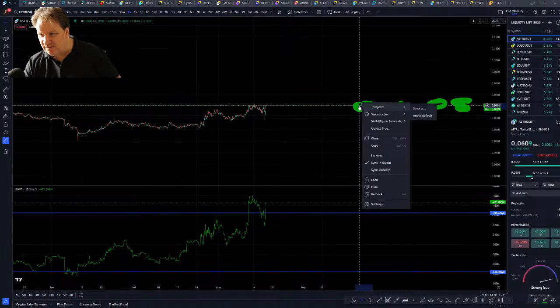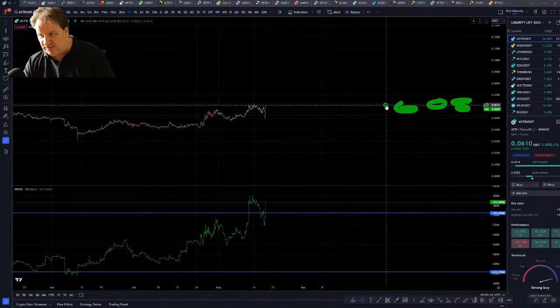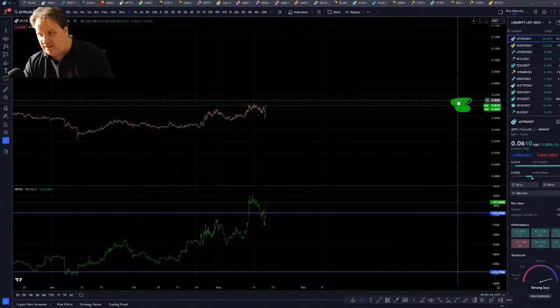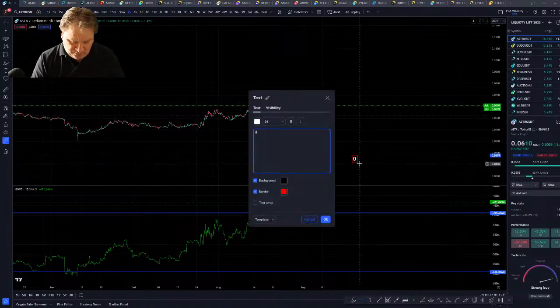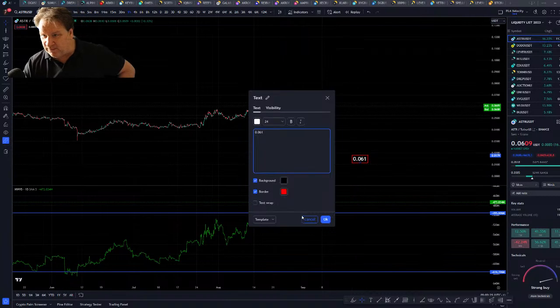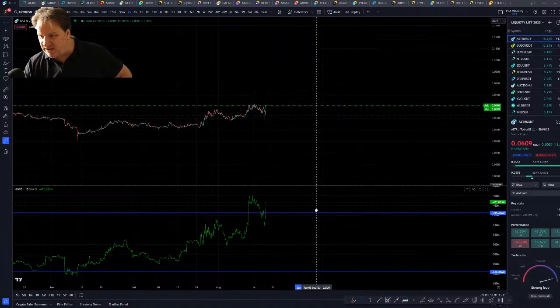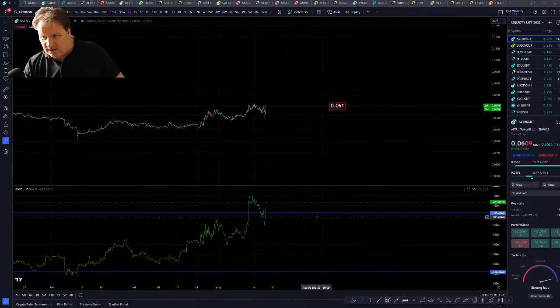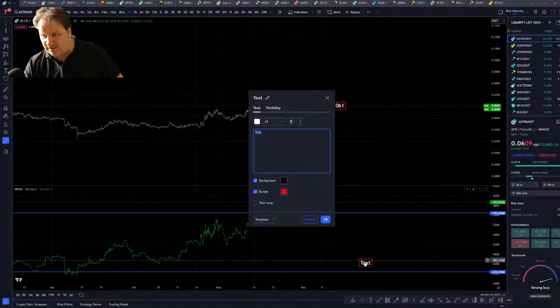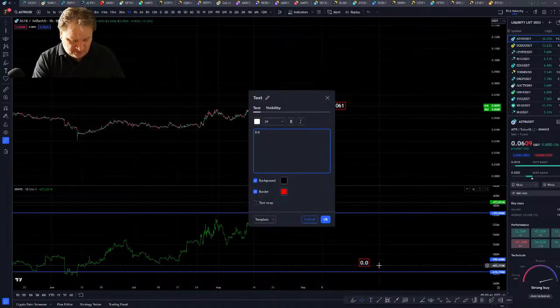So I'll put it on here as well. In fact, let me just take that off. So what I'm going to do, actually, I'm going to use text. It doesn't stretch. So if I put 0.061, there we go. So this line here is 0.061, and if I go on to here, 0.061.